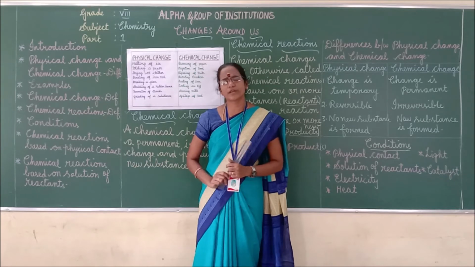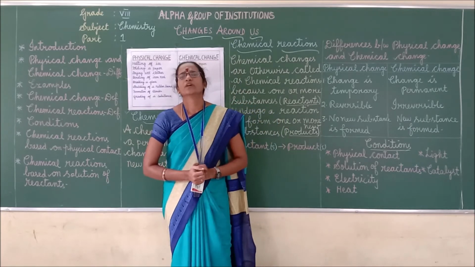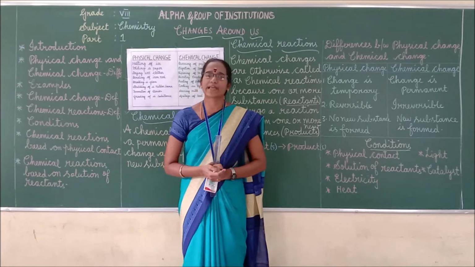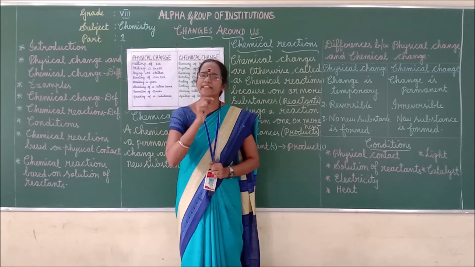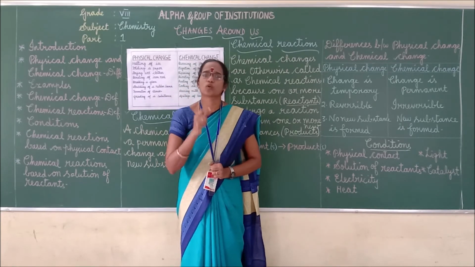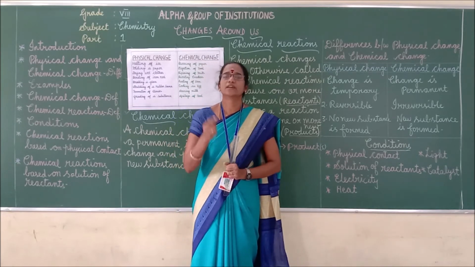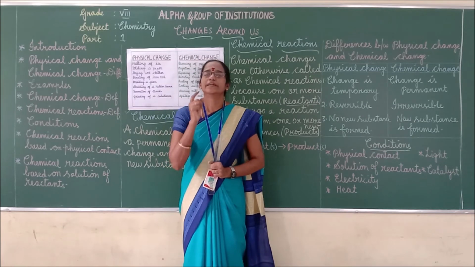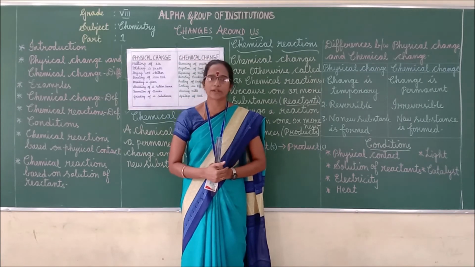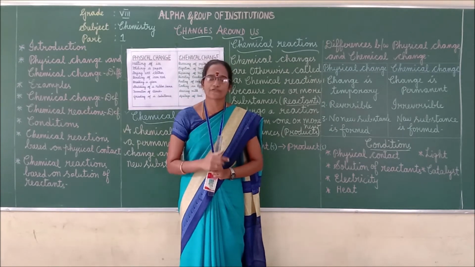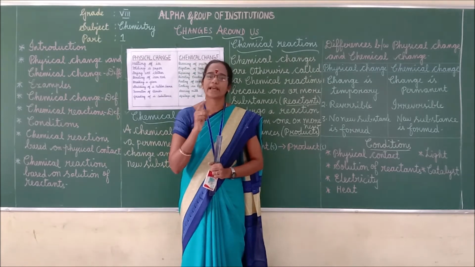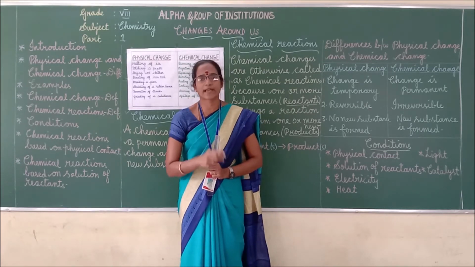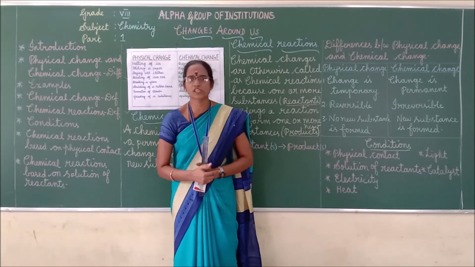Then what is meant by physical contact? Physical contact means the combination of reactants in their naturally occurring states. What are the naturally occurring states? They may be solids, liquids or gases. It is called the physical contact.